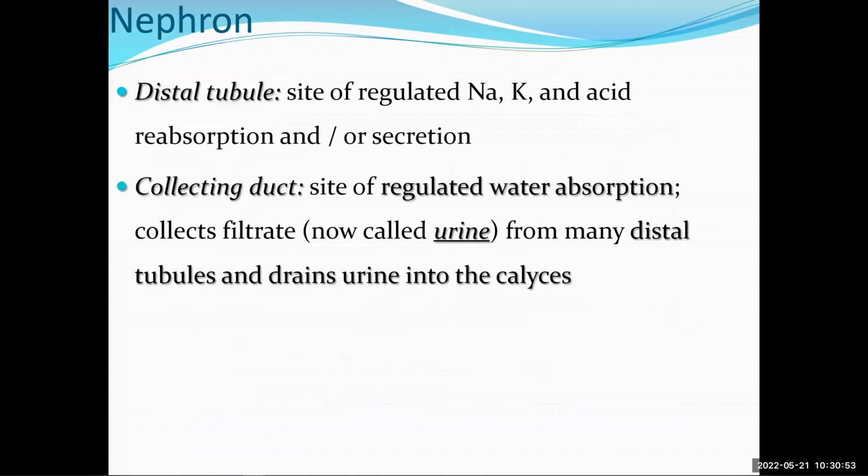So the distal tubule. We mentioned the proximal area for maximal reabsorption, but in the distal tubule you have regulated sodium, potassium, and acid reabsorption occurring. The collecting duct: regulation of water absorption. And again, this is under the control of what hormone that regulates water reabsorption in the collecting duct?